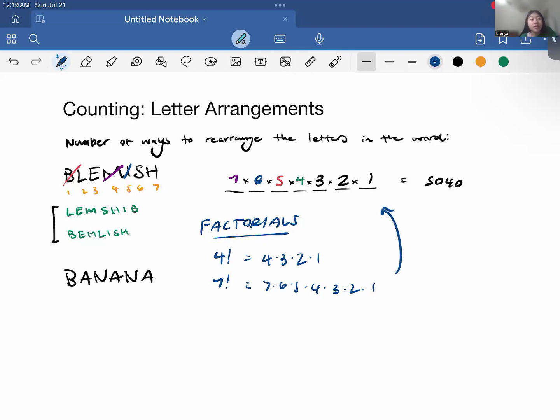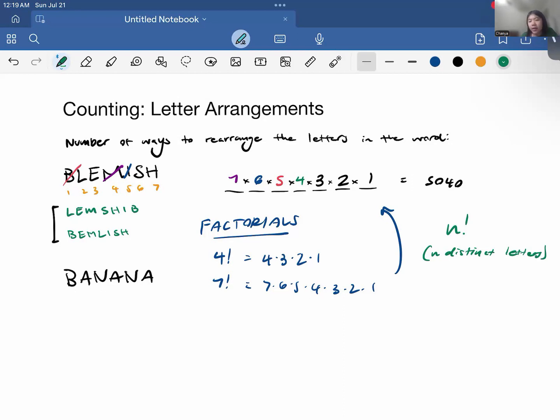So in general, using this logic for any given word with distinct letters, the number of ways to rearrange the letters in the word is basically n factorial for a word with n distinct letters.